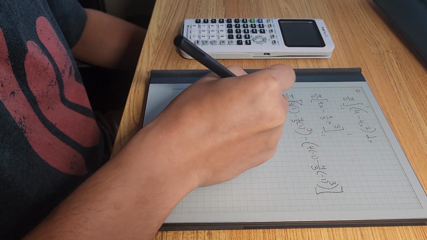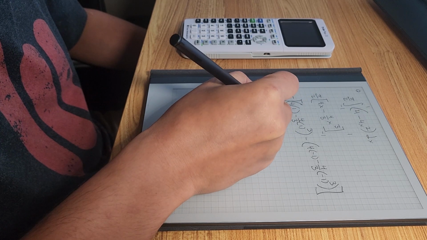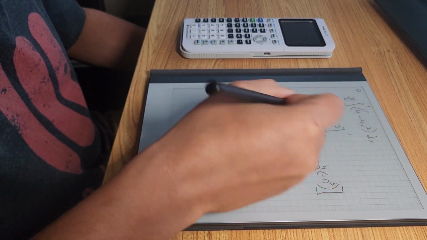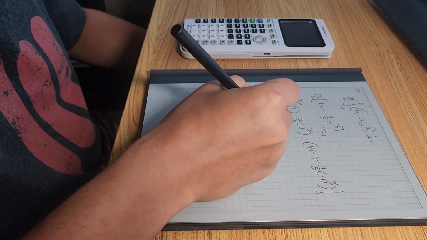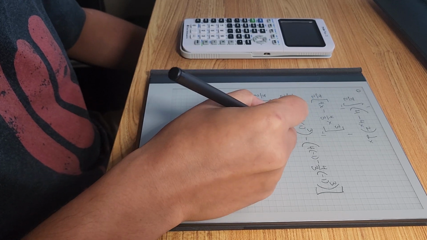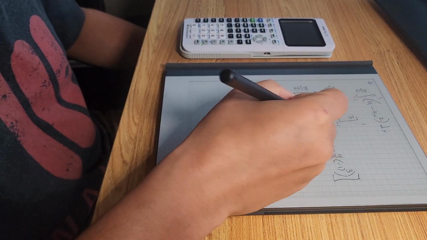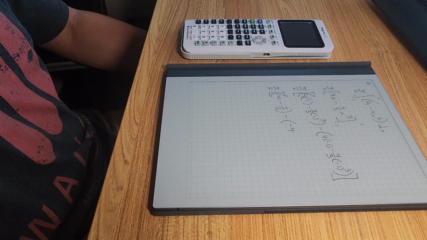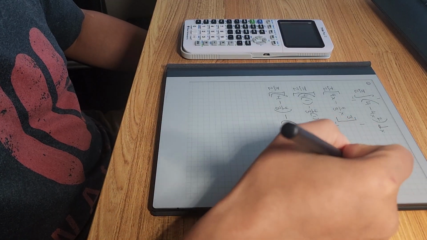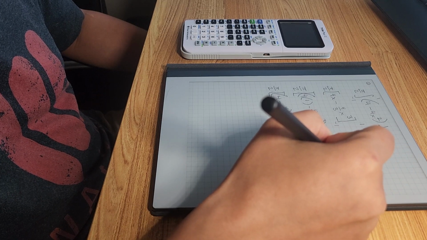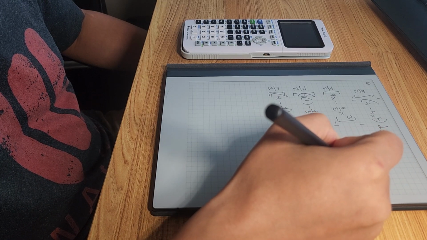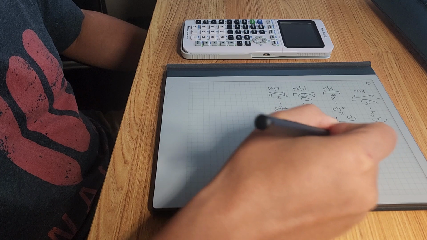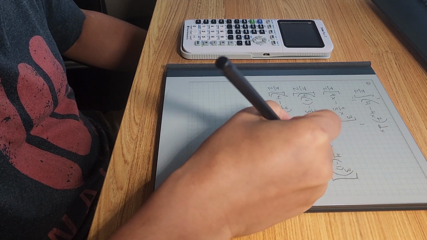Now it's just a matter of simplifying all of this. We have 4 minus, 1 to the third is 1, so we got minus 4 over 3. Let's keep that. 4 times negative 1 is negative 4. Negative 1 to the third is going to be negative 1. And then negative 1 times 4 over 3 is going to be negative 4 over 3. Negative minus negative is positive, so we're going to have positive 4 over 3.